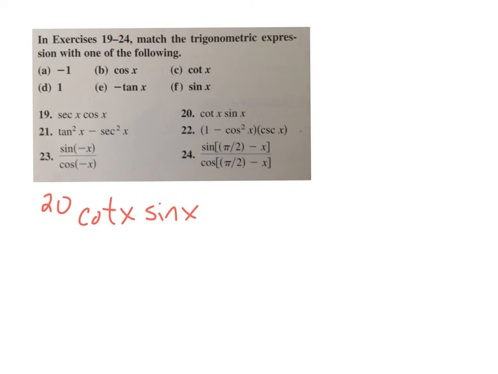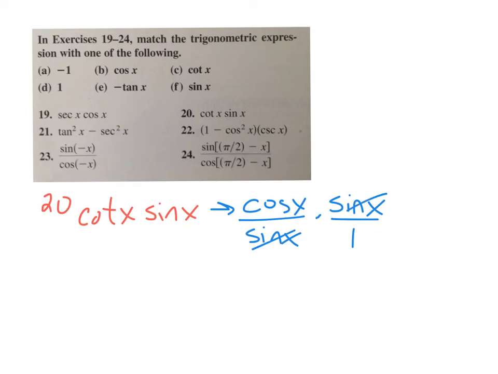Cotangent is really just cosine of x over sine of x, and we're still multiplying that by sine of x, which is always over 1. You multiply these together, and then the sines end up canceling. So cotangent of x times sine of x is the same as cosine of x. That's probably one of them, that's part B there.